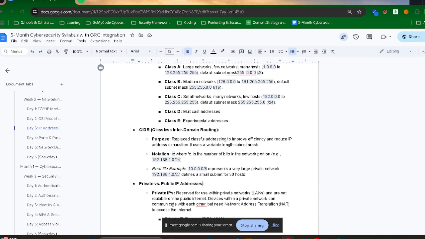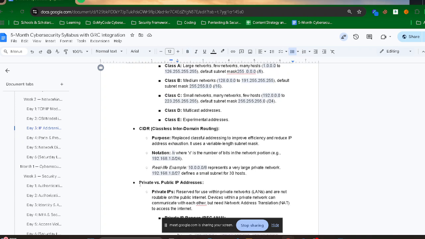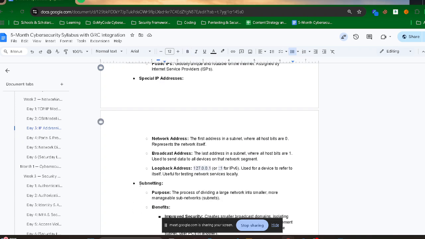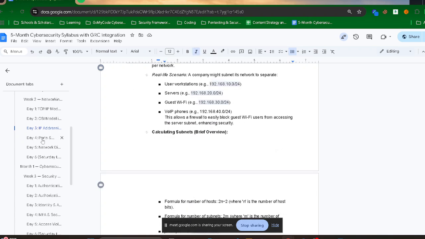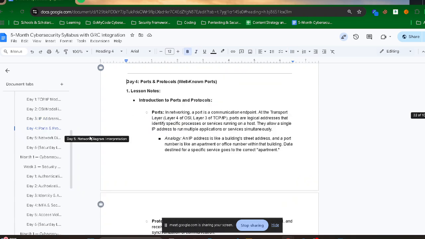Our time is fast spent. So you can just familiarize yourself with the private and the other parts of the note. Next class we'll continue from here. Familiarize yourself with the other parts of IP addressing, which are subnetting, ports and protocols. There's nothing much to talk about there, it's more like repetition of what we explained before from the OSI model.